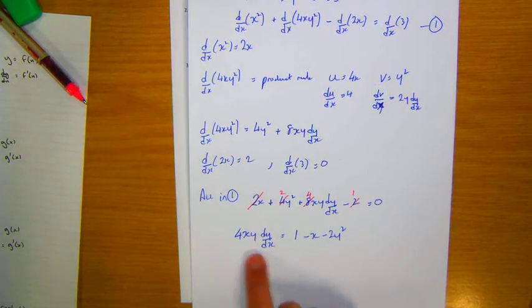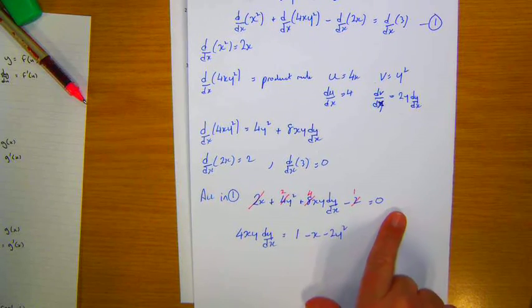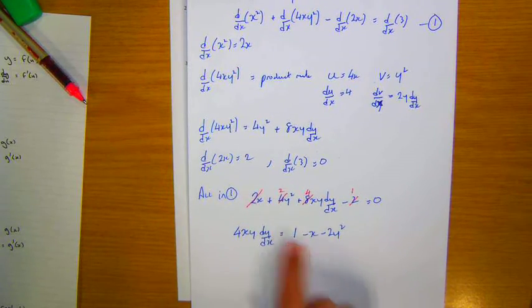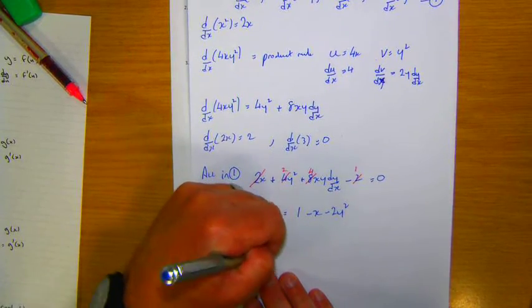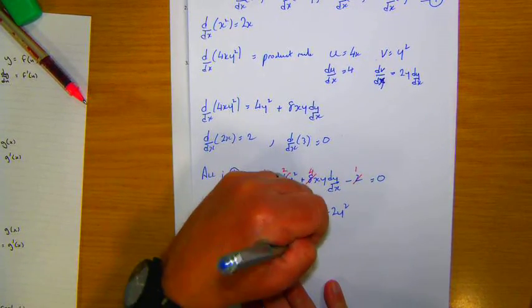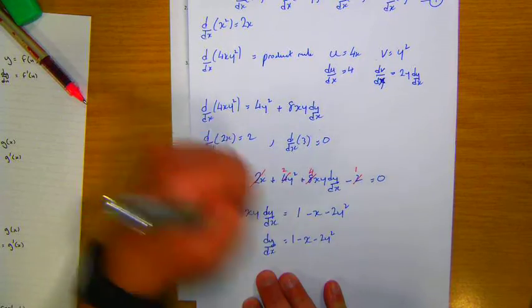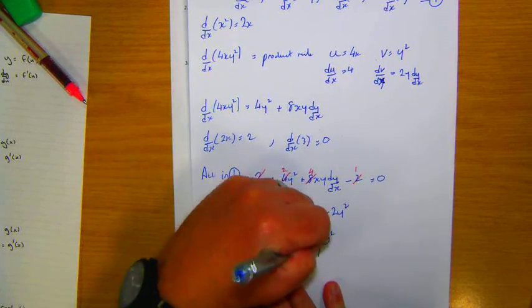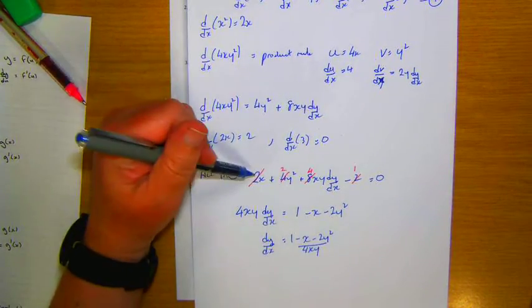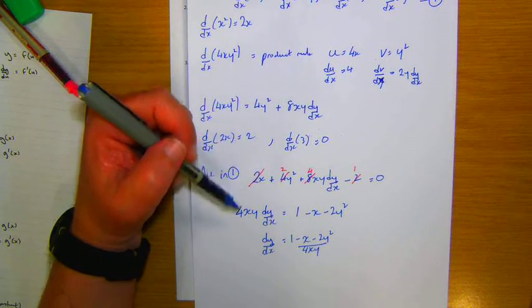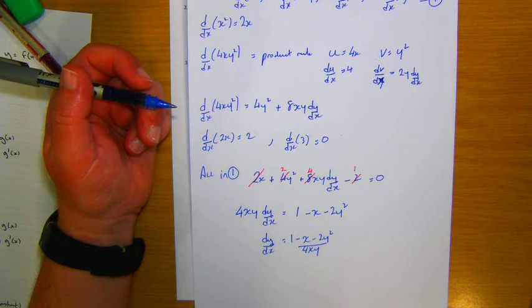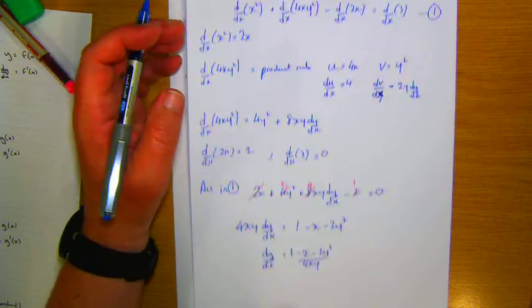So I get 4xy dy dx is 1 minus x minus 2y squared. So dy dx equals 1 minus x minus 2y squared over 4xy. If you're uncomfortable dividing throughout by 2 there, just leave it as it is. It doesn't matter. It'll all come out in the wash when you actually evaluate the value.